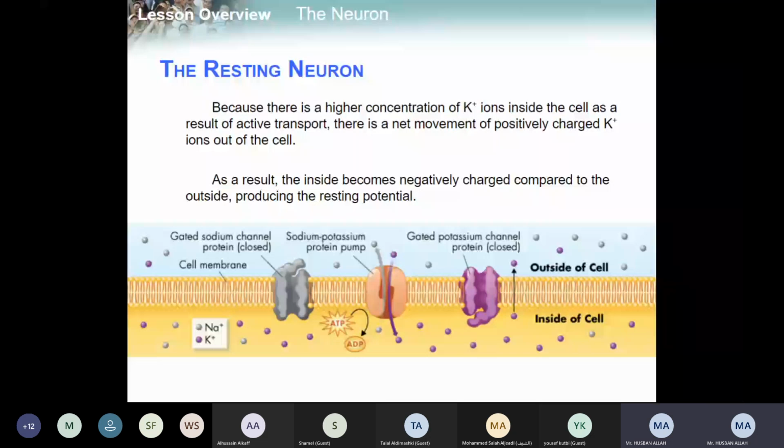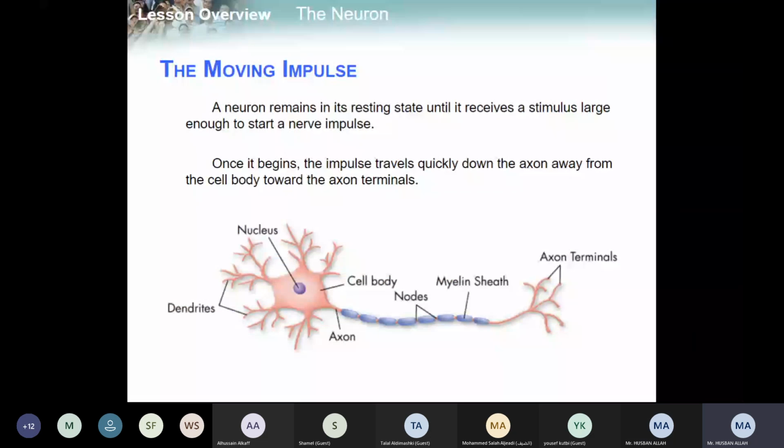The next point is moving impulses. How are the impulses moving? An impulse begins when a neuron is stimulated by other neurons or by the environment.